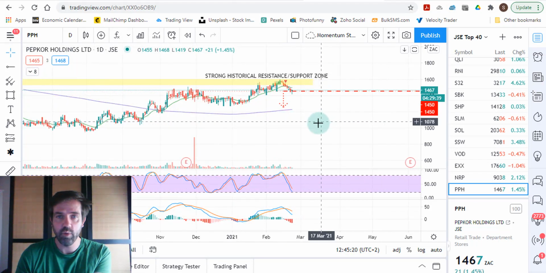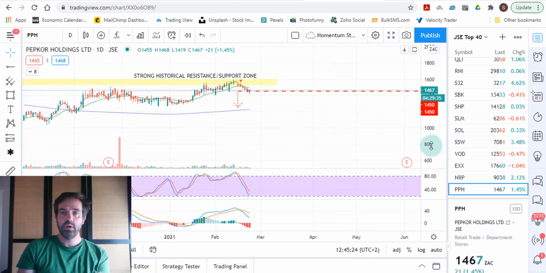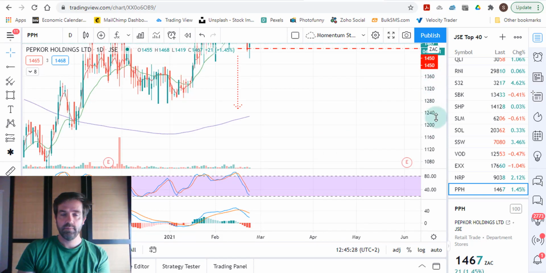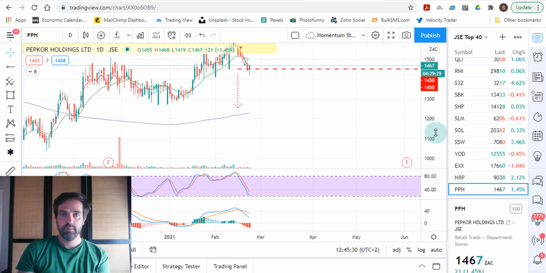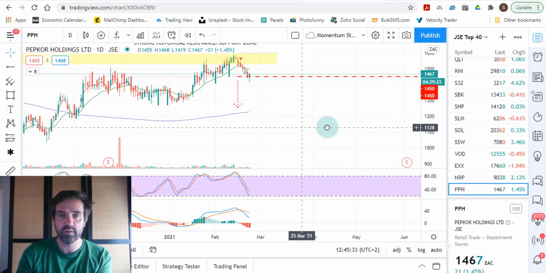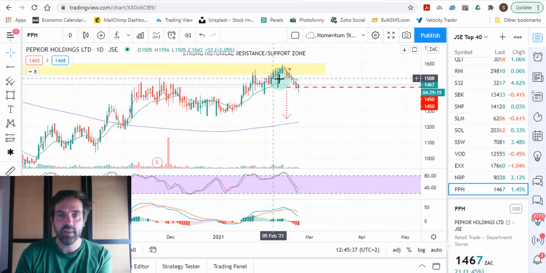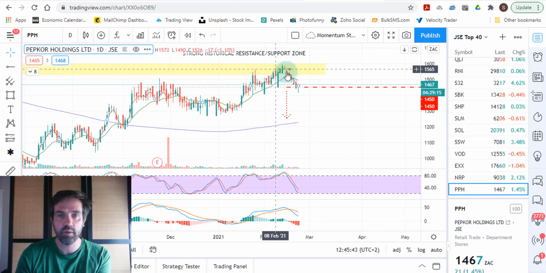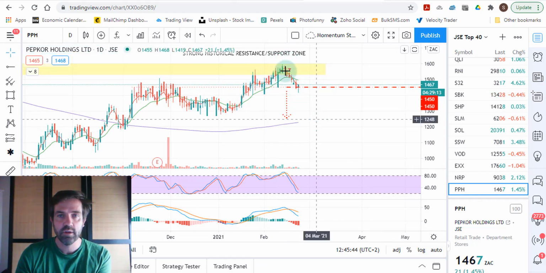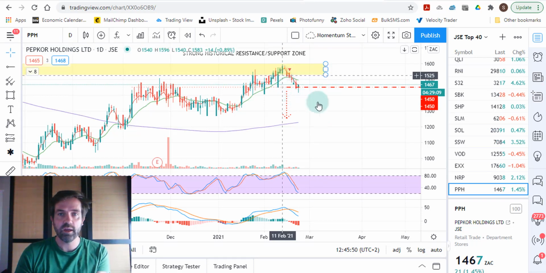And the next thing I looked for was any candle patterns. So once you've established your support and resistance zones, you can look for candle patterns. And in this case, there was once again a bearish Harami at the top in that resistance zone. The small red candle within the green candle before.